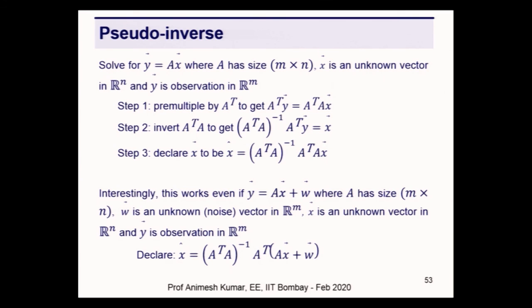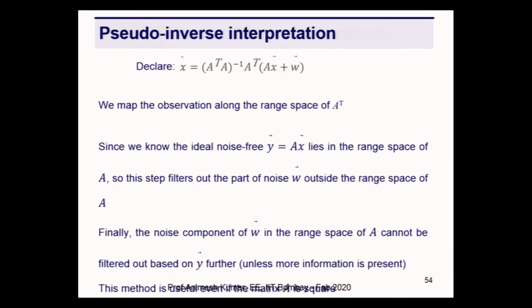By the way, y vector is the measurement part. So instead of y vector being A times x vector, I'm going to have y vector as A times x vector plus W. All right. So now there's a first term which corresponds to x vector itself, and then there's some noise shaping that is going on.